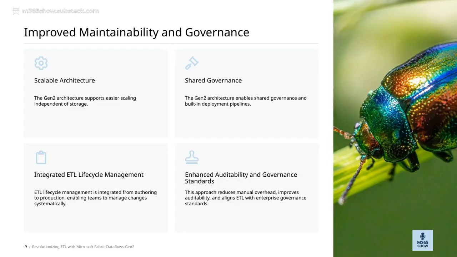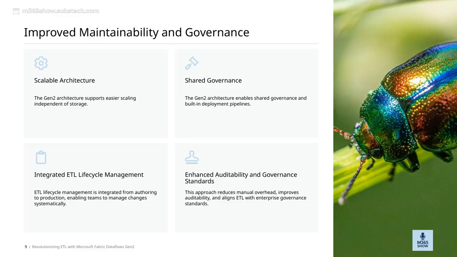Additionally, the Gen 2 architecture enables shared governance, meaning multiple teams can collaborate within a unified framework, supported by built-in deployment pipelines. This not only streamlines the deployment process, but also ensures consistency across the organization. Finally, it's designed for scalability, supporting easier scaling that's independent of storage limitations.